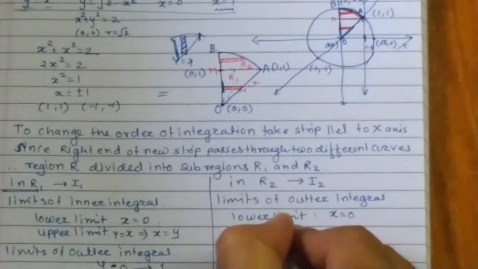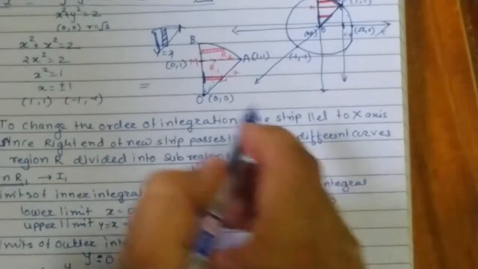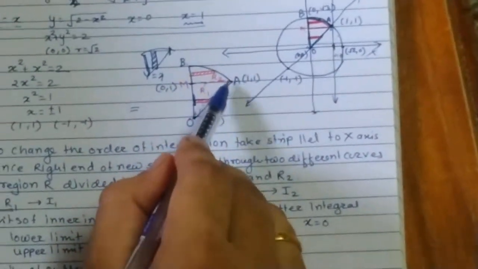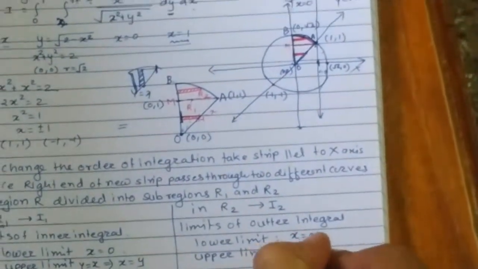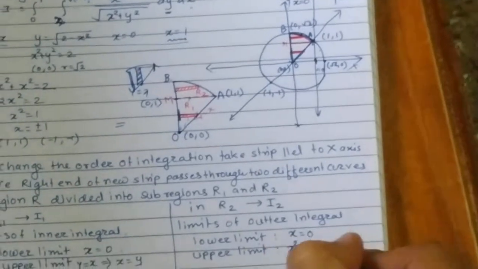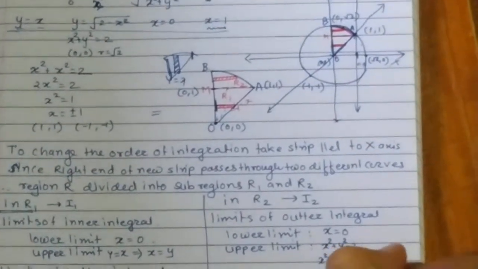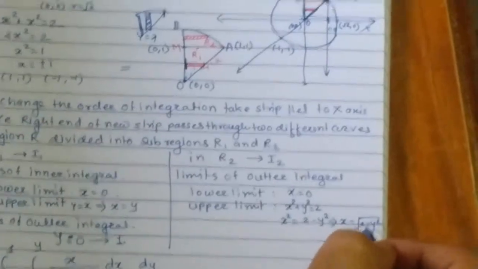Then the upper limit. Upper limit is nothing but the right end. The right end of the strip is on this arc AB. Arc AB is a part of the circle x square plus y square is equal to 2. Therefore x square is equal to 2 minus y square. So this implies x is equal to the positive square root of 2 minus y square. Why positive? Because x is positive in the first quadrant.